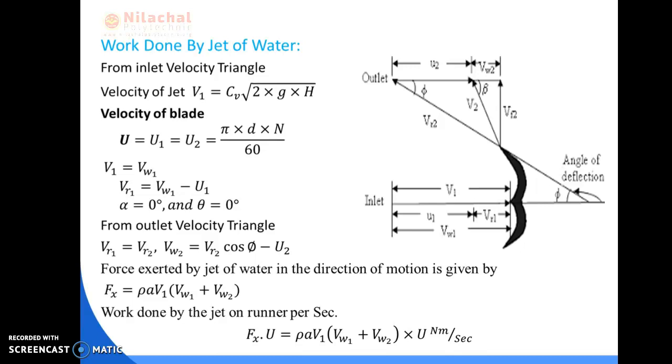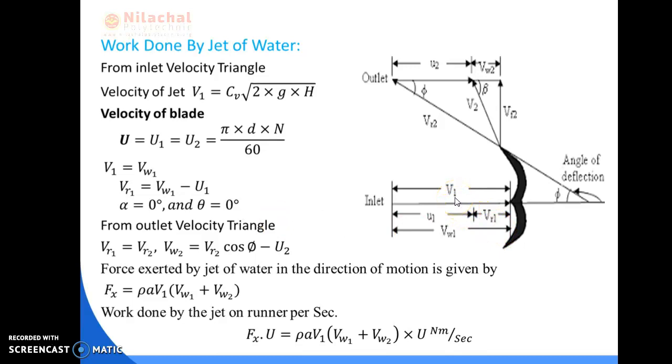Relative velocity is the velocity with which the water enters the hemispherical internal surfaces. As the velocity line is along the horizontal, the angle made by the jet is 0 degree. The relative velocity is also along the horizontal direction, so theta is equal to 0 degree.